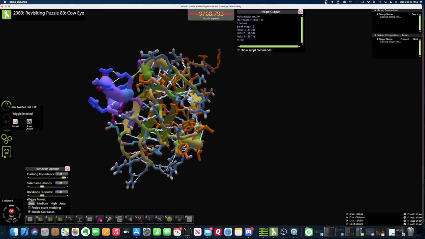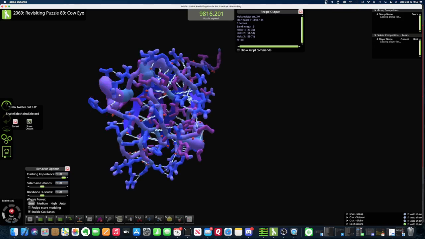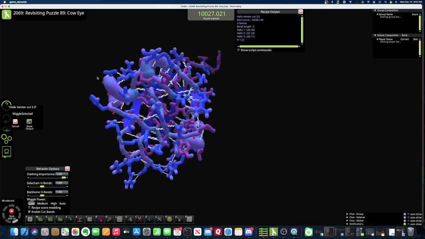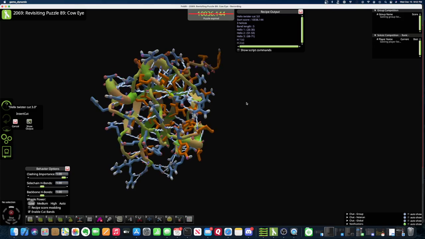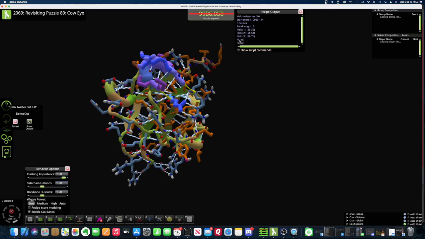So you can see here what it does is it puts a band on each segment that's at a tangent to the axis of the helix. This one was pulling this way, this one's pulling this way. So what it's trying to do is twist it around the axis in that direction.